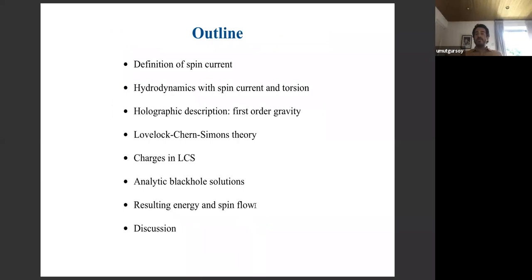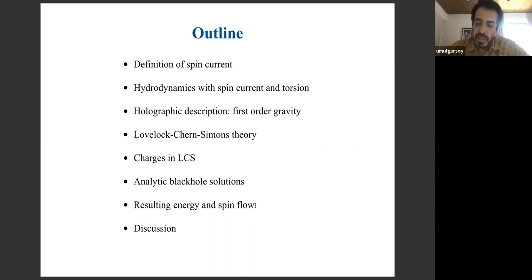Right, so the outline for the rest of the talk will be that I will first talk about some ambiguities in defining the spin current in quantum field theory, and then I will start constructing the hydrodynamics with the spin current, in the presence of torsion. I will argue that torsion is going to play an important role, and then I will come to the holographic description.